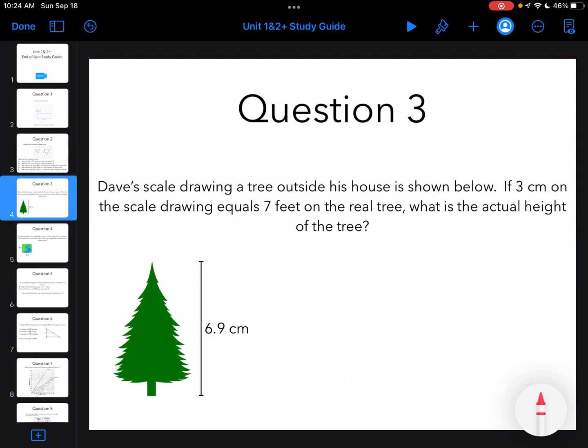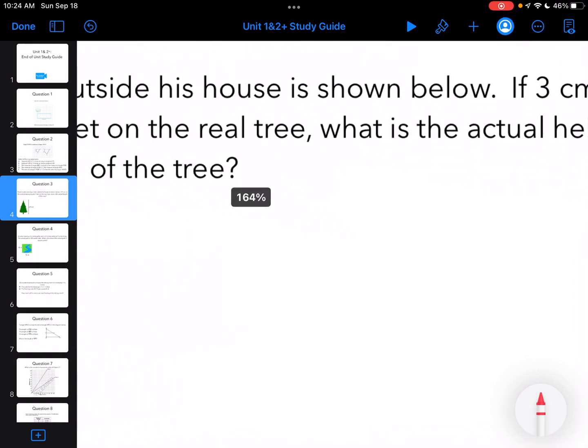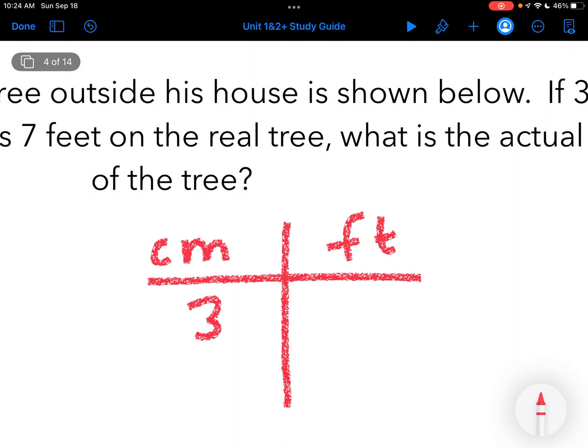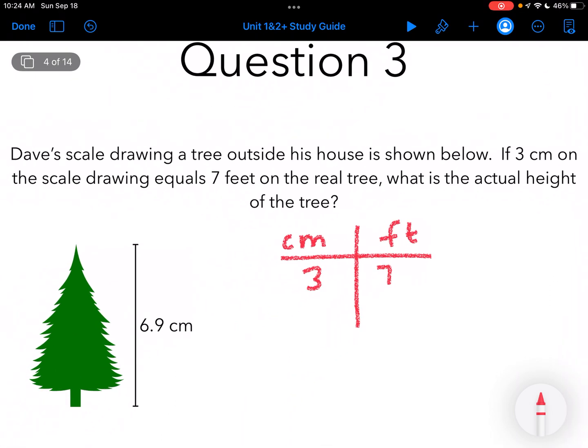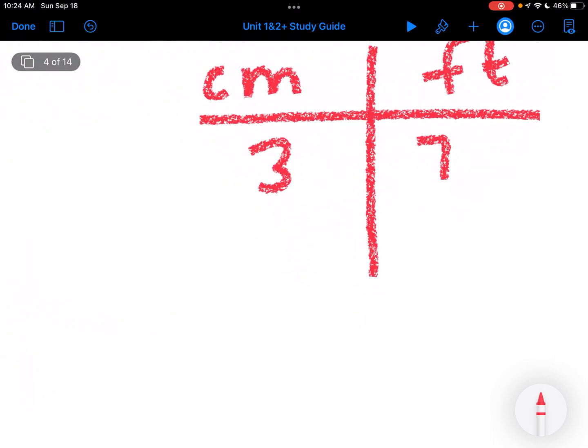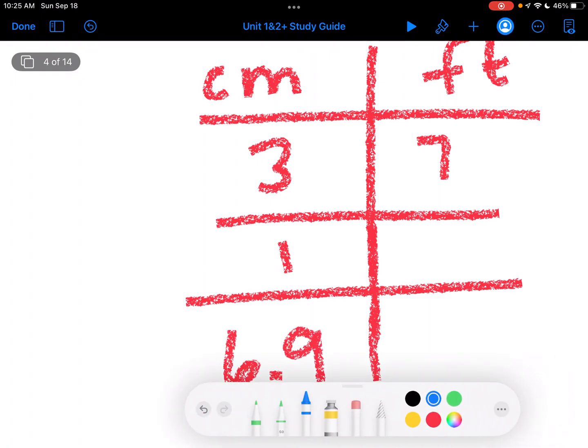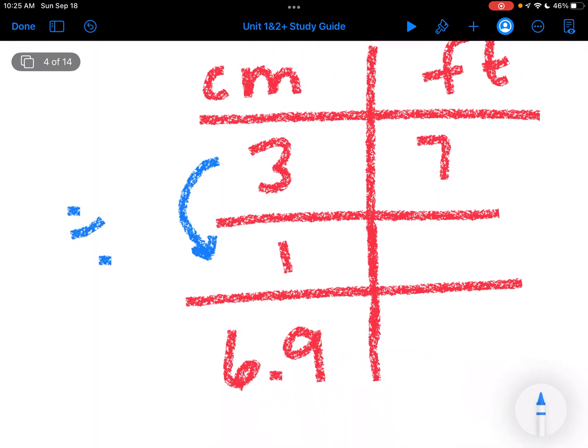Dave's scale drawing a tree outside his house. If 3 centimeters on the scale drawing equals 7 feet. So I've got centimeters and feet. I know 3 equals 7, and it says, what's the actual height of the tree if I have 6.9 centimeters? So I'm always going to find for 1. So I'm going to divide by 3 on each side.